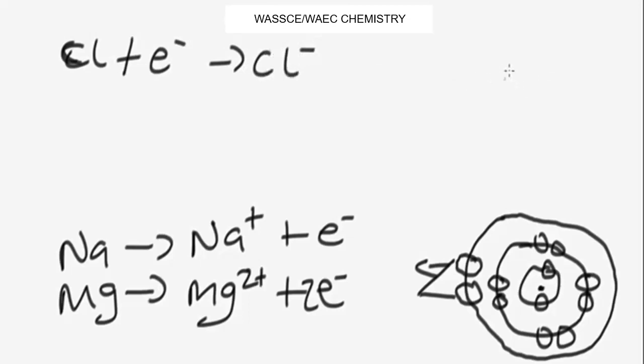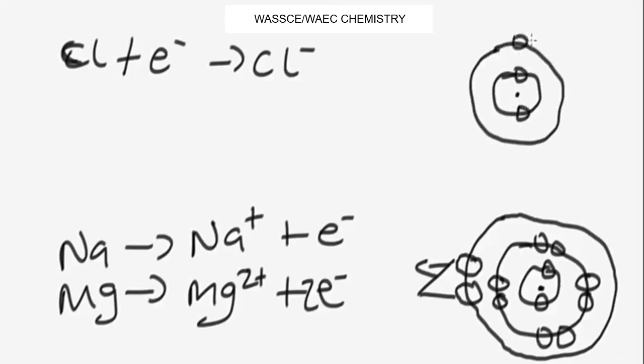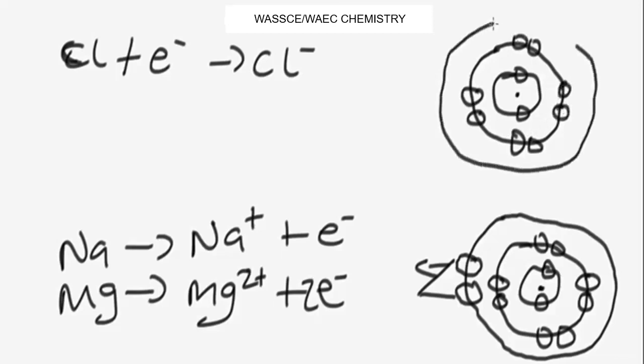So let me draw the atomic structure of chlorine. This will be the nucleus, this will be the first shell, this will be the second shell. Alright, it has 8 electrons, and this will be the third shell. It has atomic number 17. Alright, so we have 6, we have 7.